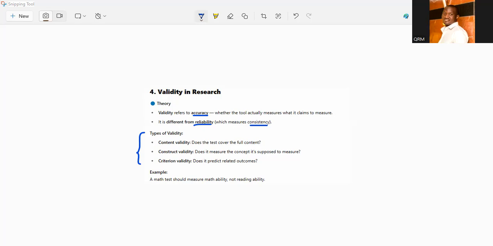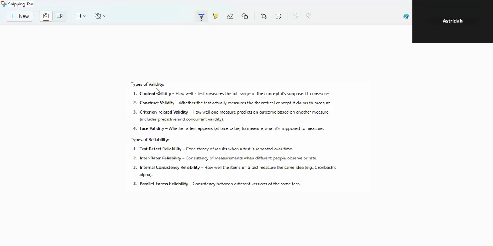Then reliability, we talked about the four types of reliability. Who remembers them? Test-retest, inter-rater, internal consistency, and parallel forms. The test-retest looks at over time whether the results will be the same.